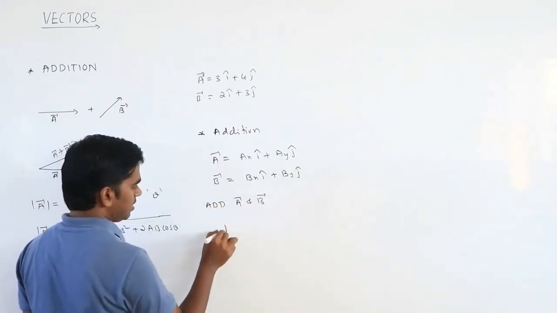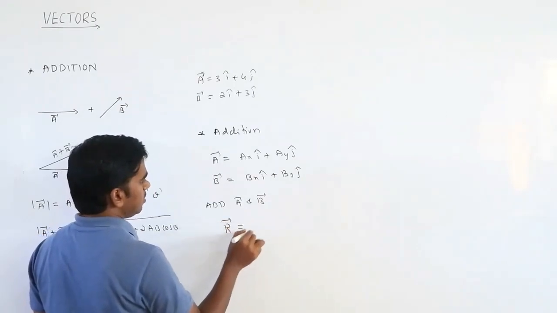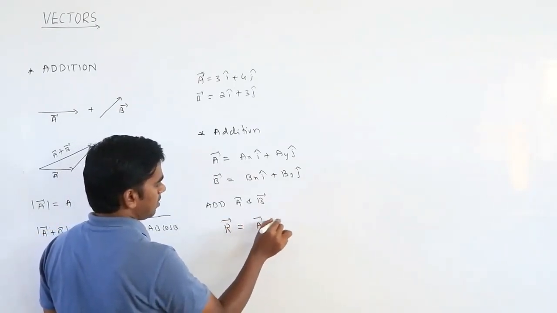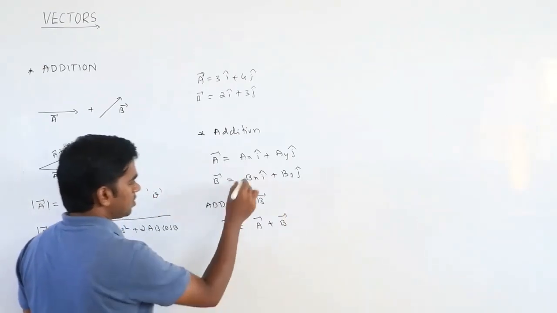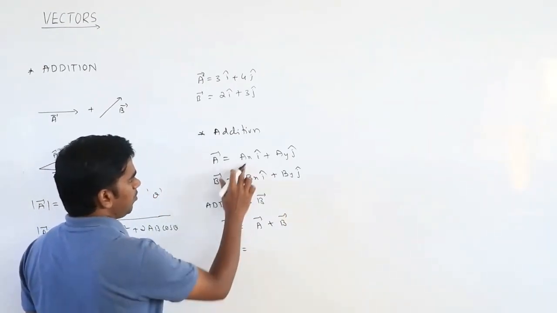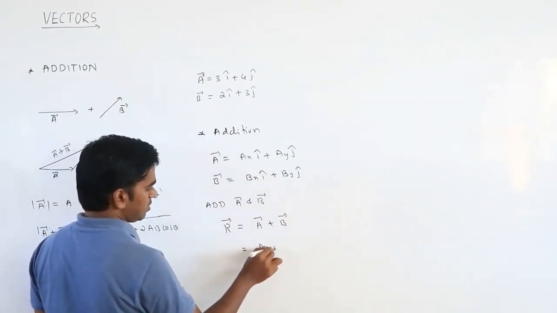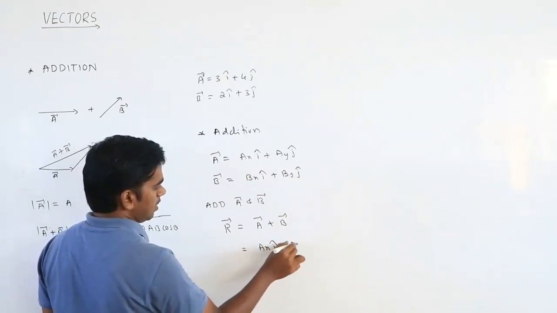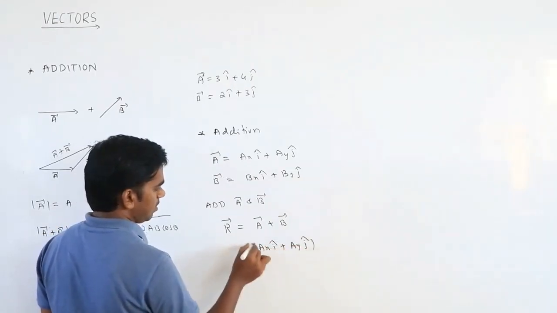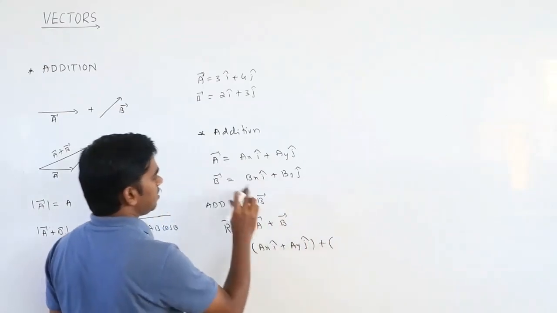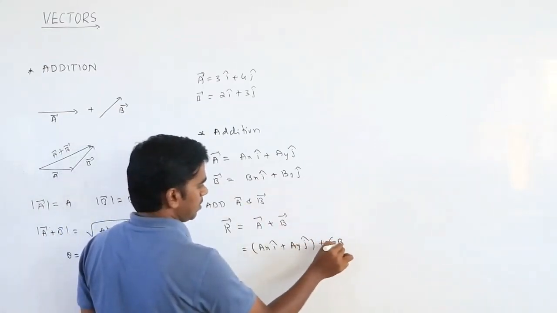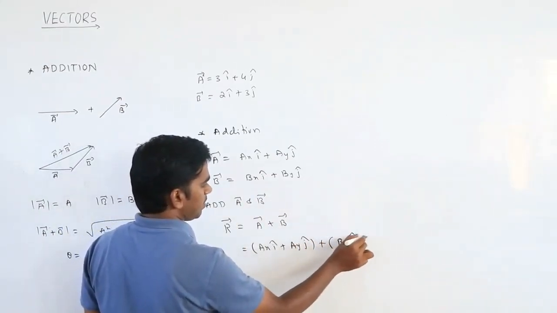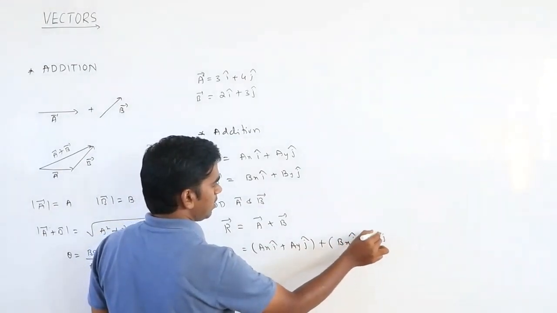If I want to add vector A and vector B, what is the resultant? Resultant is equal to vector A plus vector B. So substitute: vector A is ax I cap plus ay j cap plus vector B, which is bx I cap plus by j cap.